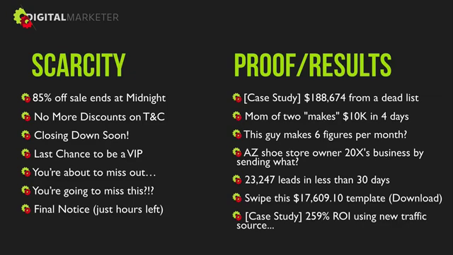Now, if you want to build additional leads or to build a list in your business, you're going to open that email. Swipe this $17,609.10 template. Download. Again, curiosity, proof, and we've added a mechanism. You get to download this. It's an actual template. Now, case study, 259% ROI using new traffic source. All right, new traffic source.